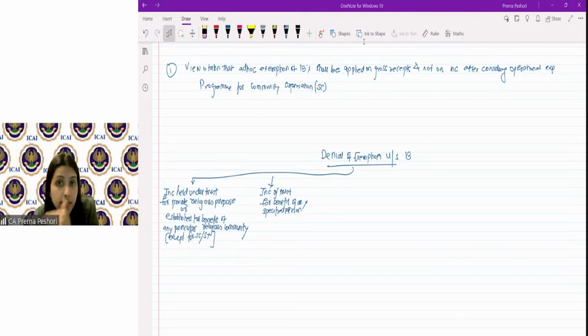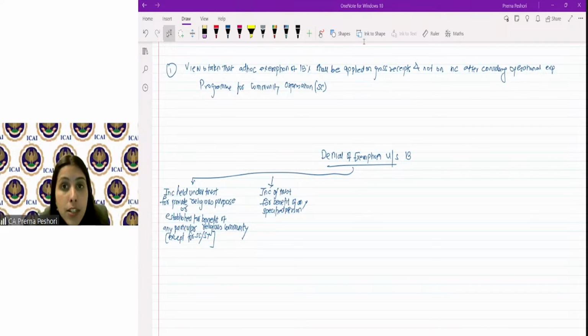Also on the person who is receiving the benefit. If he is receiving any asset, either movable, immovable property or cash, then in his hands there will also be 56(2)(x). Ideally, if you are receiving anything from a trust registered under section 12AB, then 56(2)(x) will not be applicable. Are we clear?